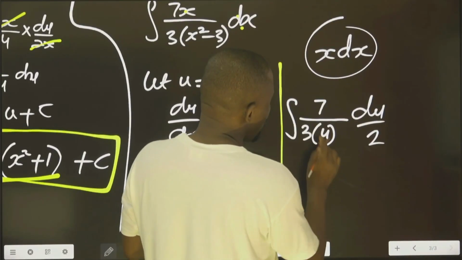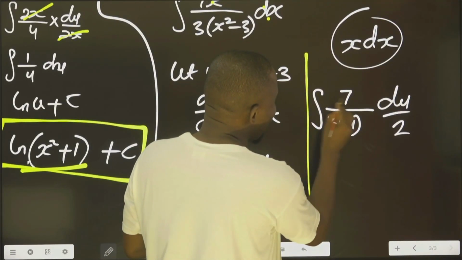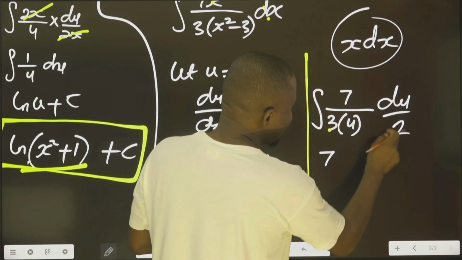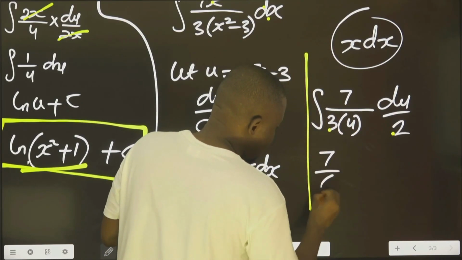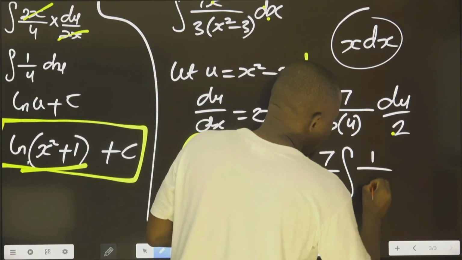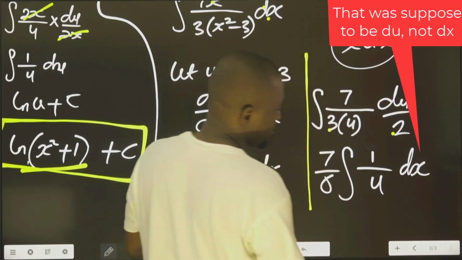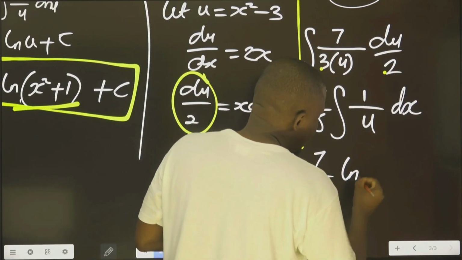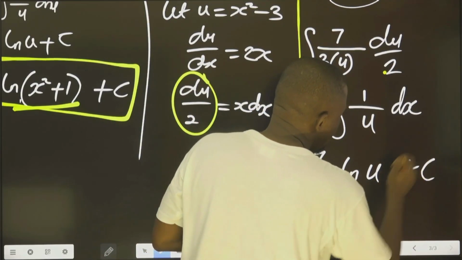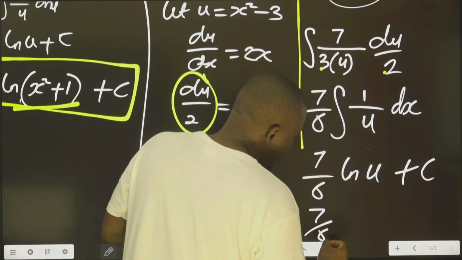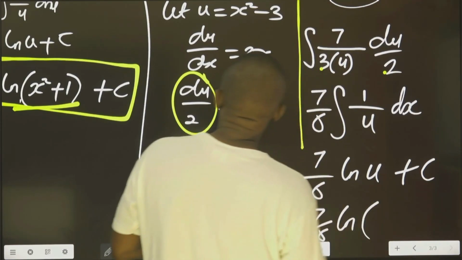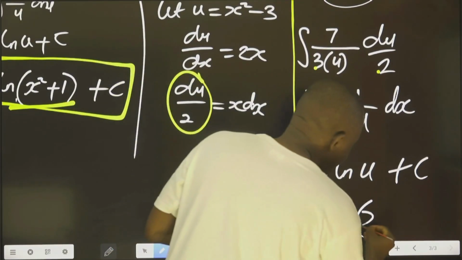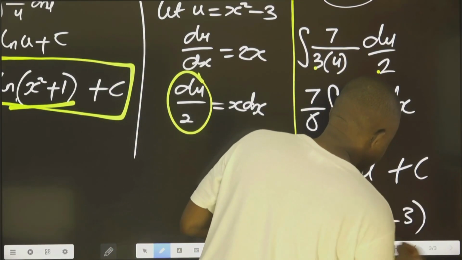Now, you agree with me, this 7 can come out. This time, this is 6. It can come out. 1 over u du. You see? Now, what is that? ln u. And u is what? x squared minus 3.